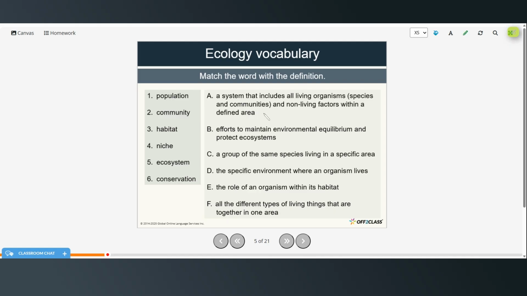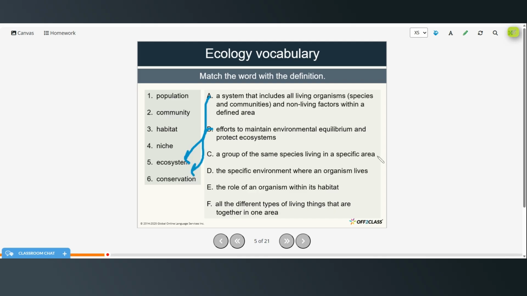All right, a system that includes all living organisms, species, and communities, and non-living factors within a defined area is an ecosystem. Efforts to maintain environmental equilibrium and protect ecosystems is conservation.